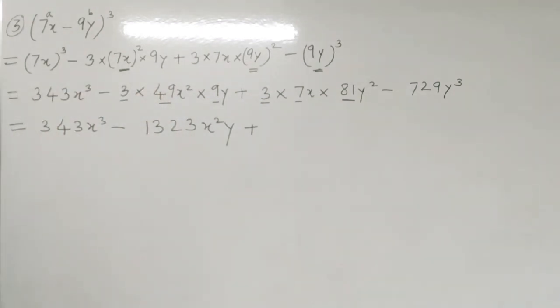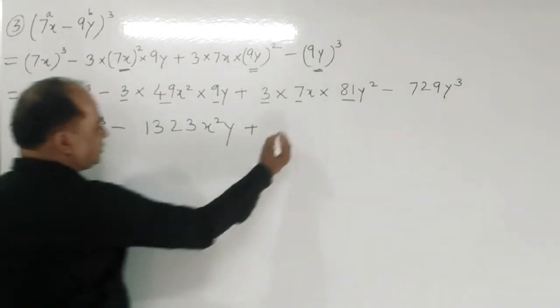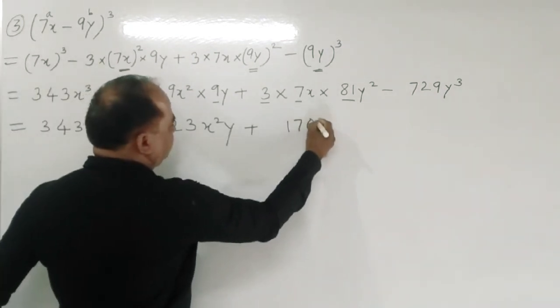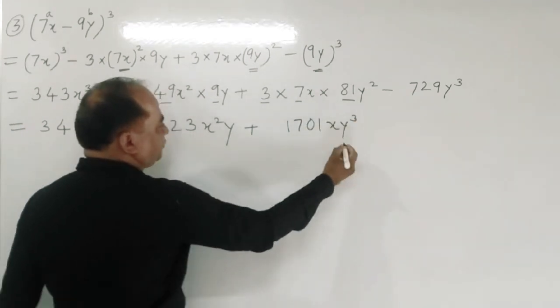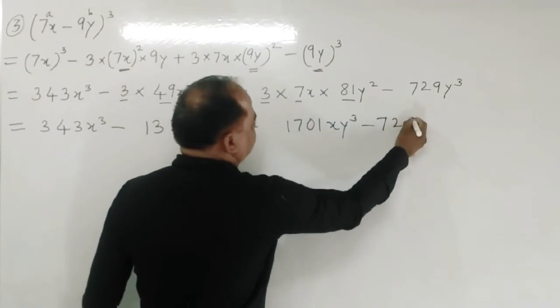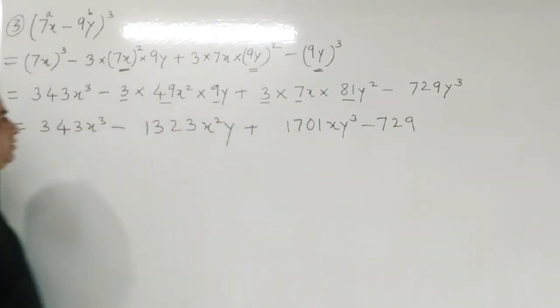After multiplying these three numbers you will get 1701 xy square, minus 729 y cube.